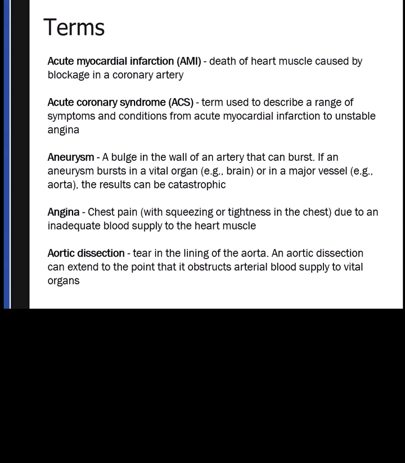Myocardial. Myo refers to what? Muscle. M-Y-O is muscle, okay? Cardial is the heart muscle, okay? So we've got something that's happening really, really quickly with the muscle of the heart. And we're going to talk a little bit about anatomy and physiology of the heart in just a little bit, okay? Infarction. What is infarction?